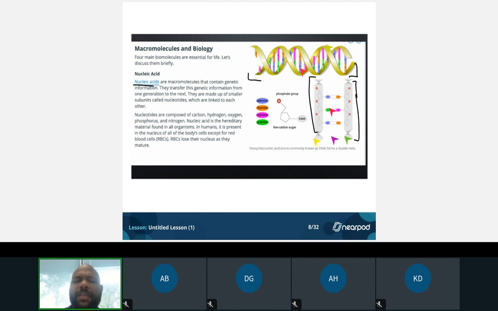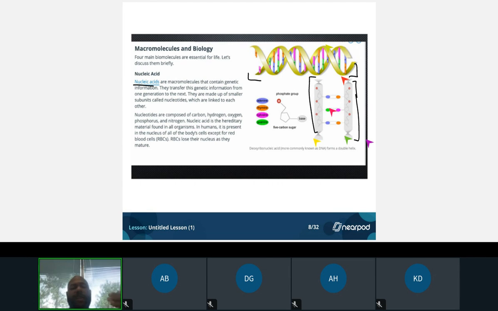And the reason is because we have base pairs. Those terms or that vocabulary that you struggled with earlier, adenine, thymine, cytosine, and guanine, these are the components or base pairs that make up the steps of the ladder.